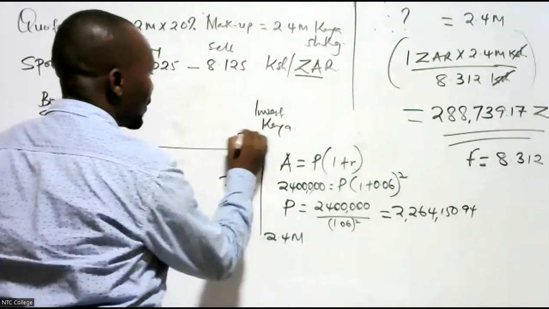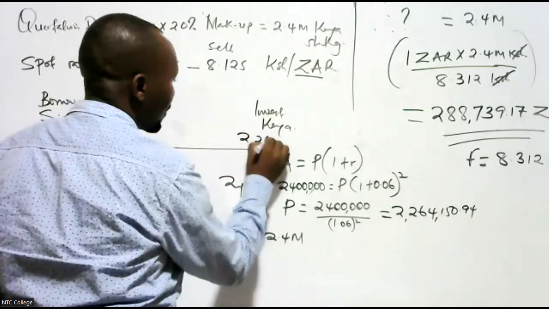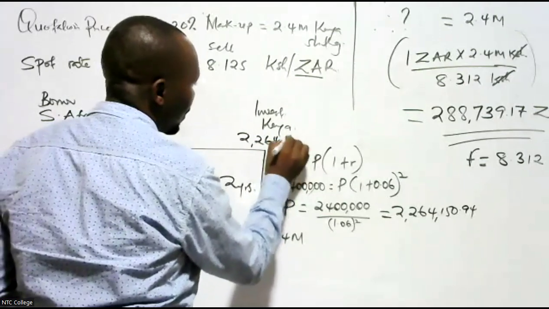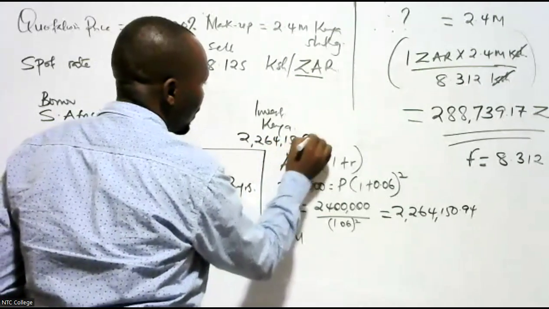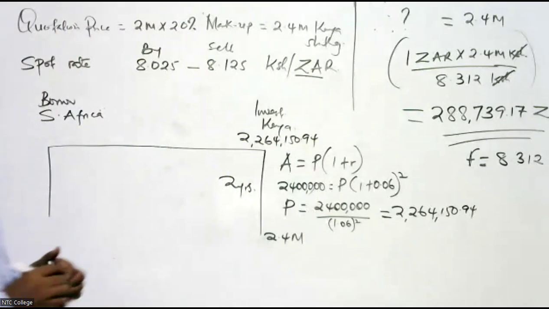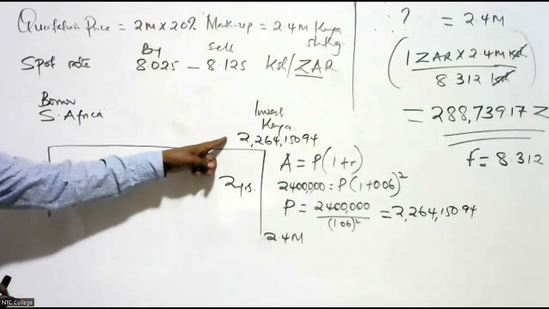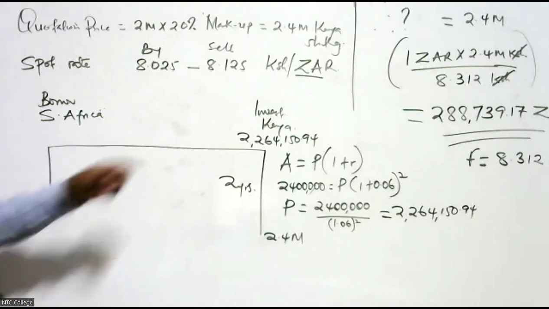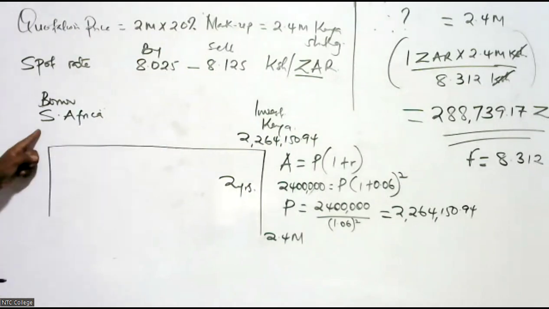So that is 2 point, this Kenya shillings. Now this amount is what you need to borrow here. So how much are you going to borrow in South African rands? You need to borrow in South Africa because you are going to receive the amount in South Africa.